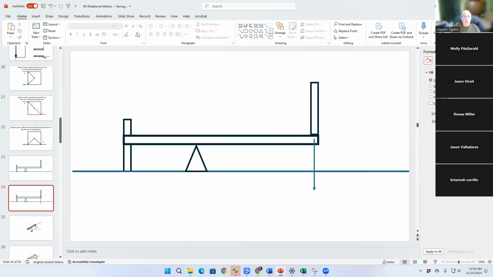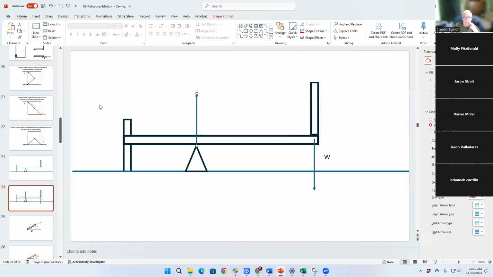Let's say I'm gonna call it W. The force here is W. This fulcrum is applying an upward force. Let's say this upward force here.